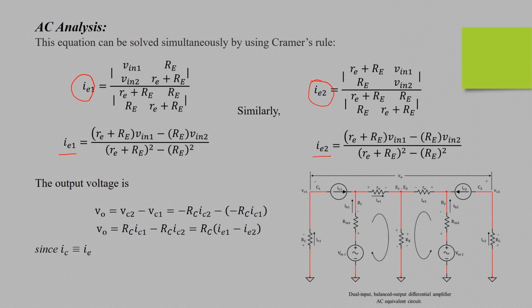So the output voltage, that is VC2 minus VC1, which is minus of RC into IC2 minus of minus RC into IC1, and V0 is equal to RC IC1 minus RC IC2, which becomes RC into (IE1 minus IE2), because we know that IC is nearly equal to IE.